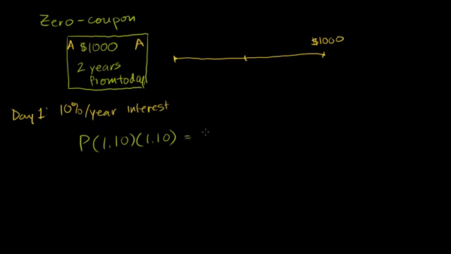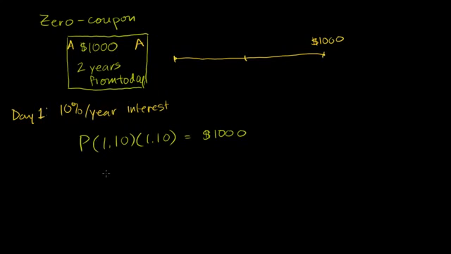So this should be equal to $1,000. Let me be very clear here. P is what someone who expects 10% per year for this type of risk would be willing to pay for this bond. When you compound their payment by 10% for 2 years, that should be equal to $1,000.